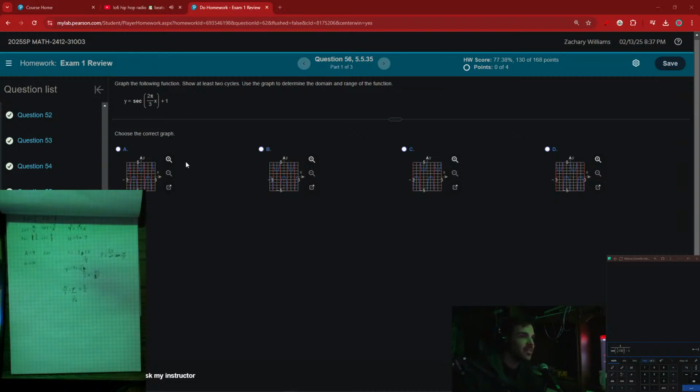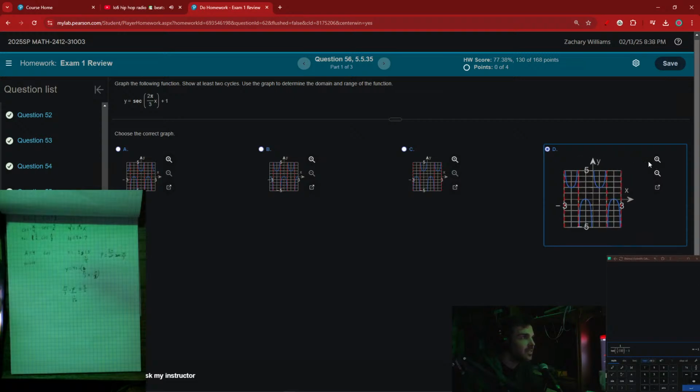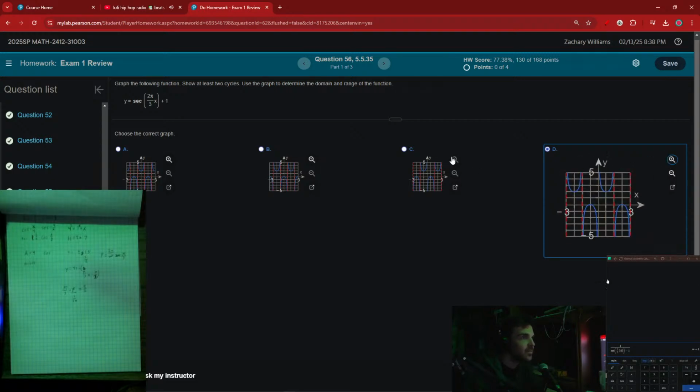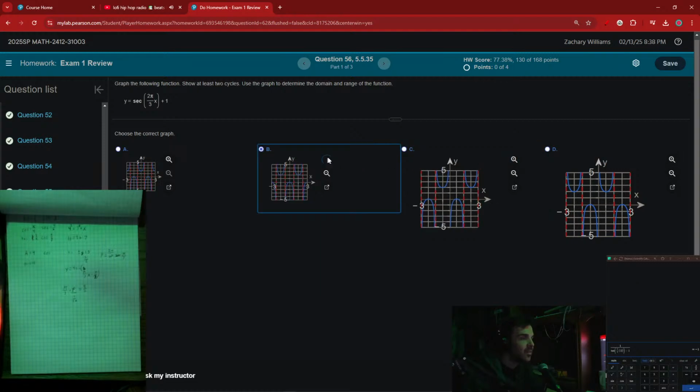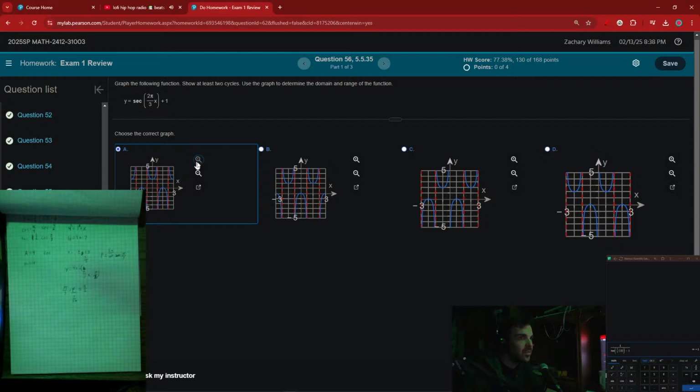Secant function 2 pi over 3 plus 1. So the midline is going to be above the x-axis. Okay, so the ranges are all correct, it seems.